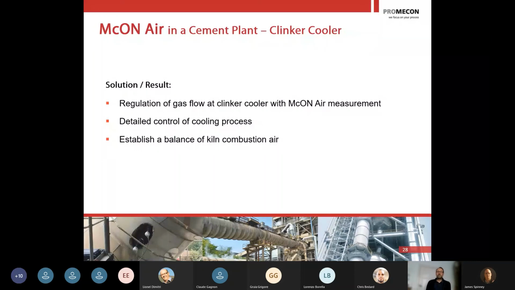With the Mechon Air measurement, you get a direct measurement of the flow and the airflows. You get detailed control of your cooling process, and you can establish a balance of kiln and combustion air.